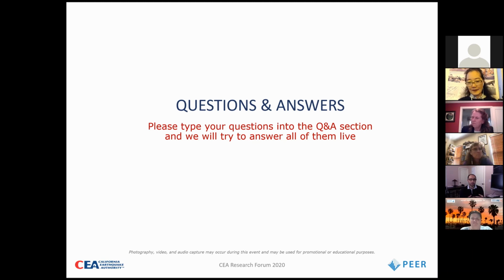In our project, we did monotonic tests on the specimens. This is the work that Tara and Kelly can speak to better than I can. And a one direction push can nicely represent what can happen during a near fault pulse. We have to remember that the reason that we're doing these tests is that we want to make sure that our component models can capture the behavior of these cripple walls.